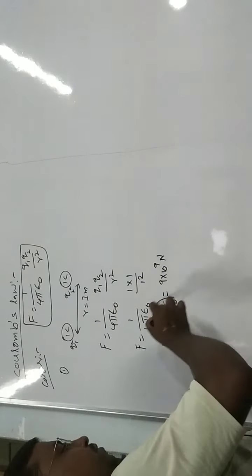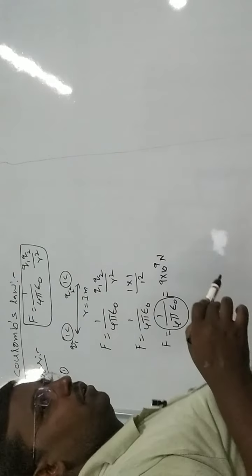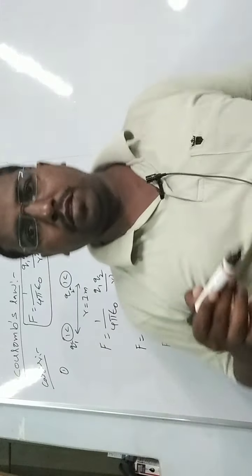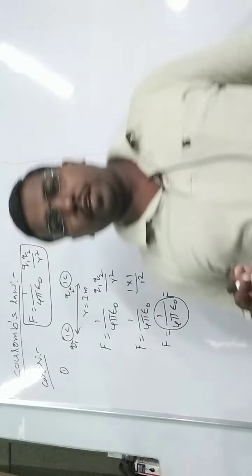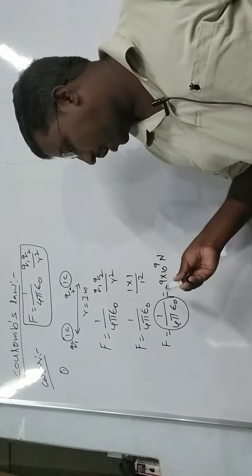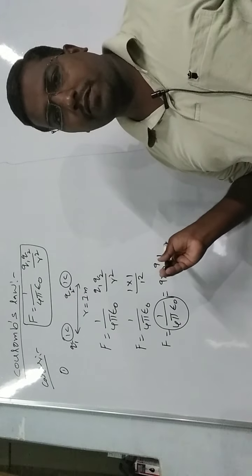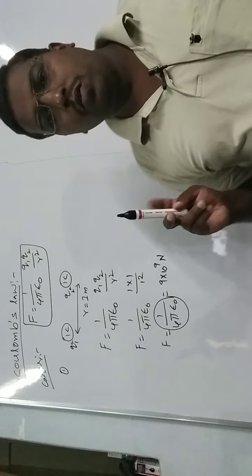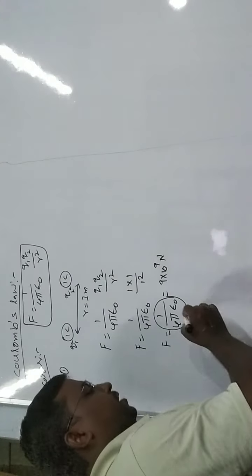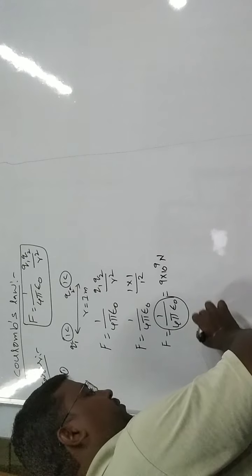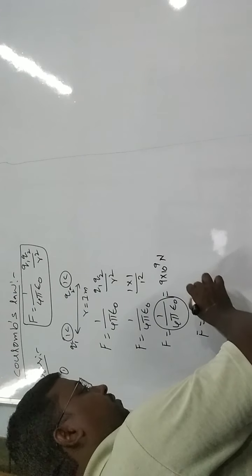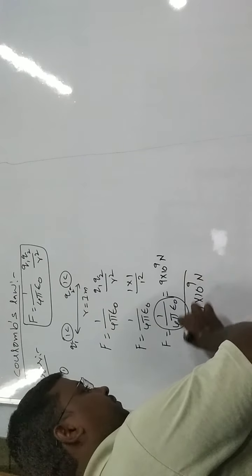Because this 1 by 4 pi epsilon naught value, as we have already discussed in a previous topic, is 9 into 10 power 9. So finally we say that this force F equal to 9 into 10 power 9 newtons.